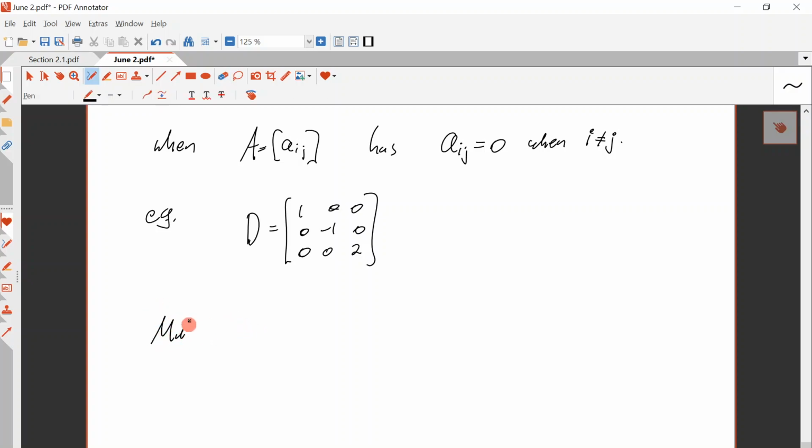Multiplication by a diagonal matrix scales rows and columns.